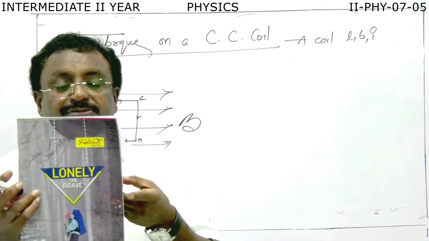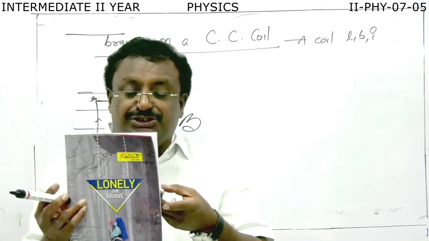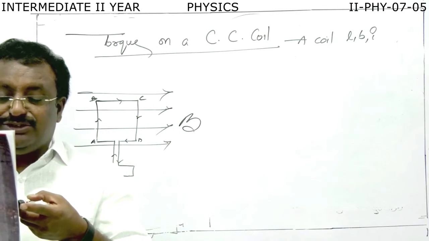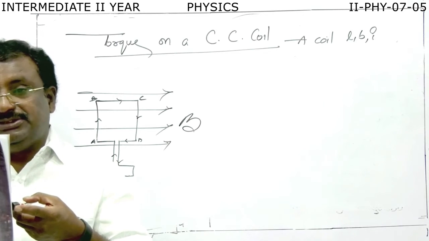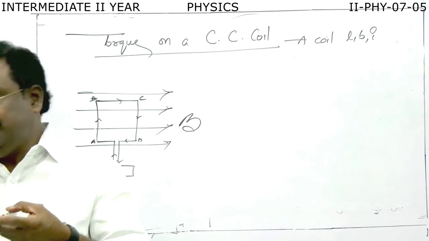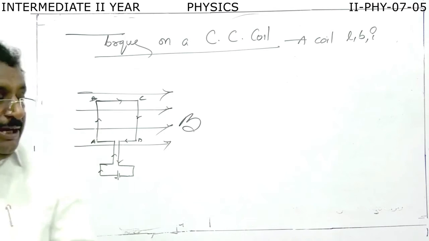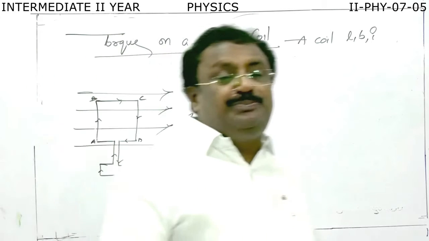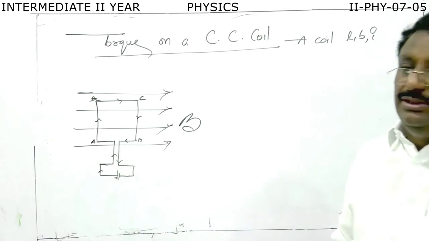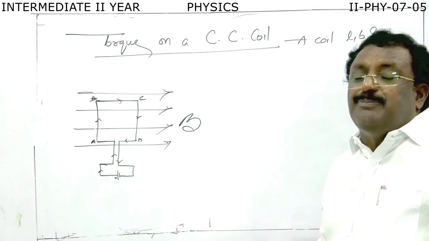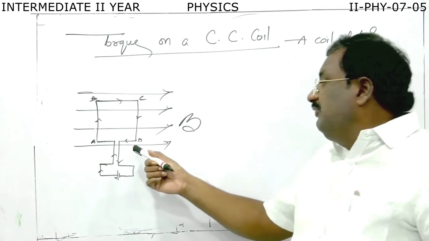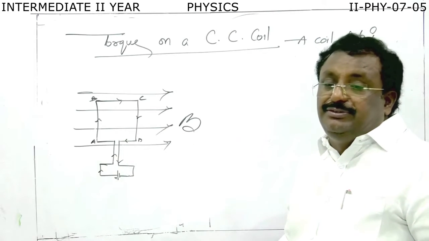These two forces are equal in magnitude but opposite in direction, acting on two different points. So no net force is acting on it, but it may experience torque. As a result, the coil will rotate in the magnetic field.